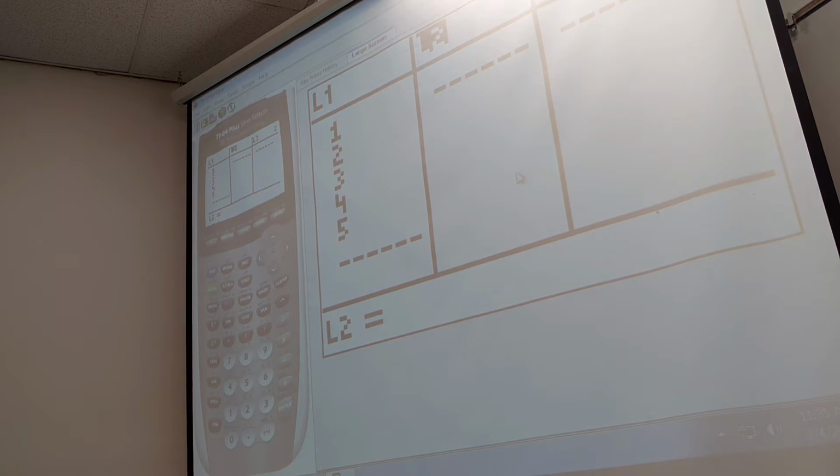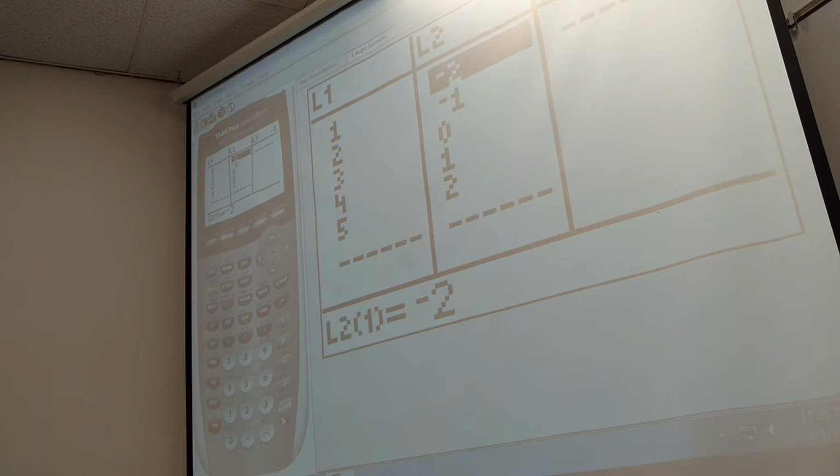It's just because the mean here was 3. So if I highlight L2, I can define what the whole list is. I want L2 to be L1 minus 3. Bam. You can imagine this is really useful if I give you like 27 data points. I just want to be able to do that and have it plop it all out for me, right? Yes, ma'am. Sure.